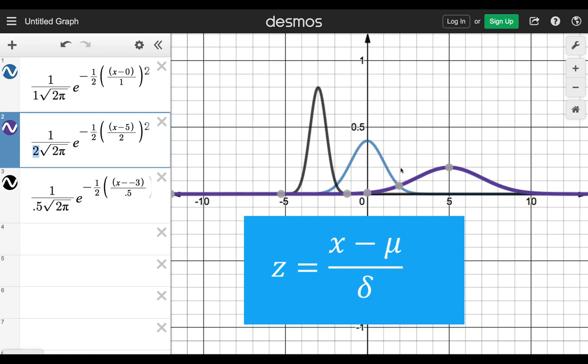This formula is designed to convert this purple curve to have a distribution similar to this blue curve or this black curve, so that its distribution is converted to this blue standard normal distribution. And we are doing that because we want to use the z-score table at the back of our statistics book. By doing so, we do not need to compute for the integrals. All we have to do is use the table, because computing for the area under the normal curve is not an easy task.